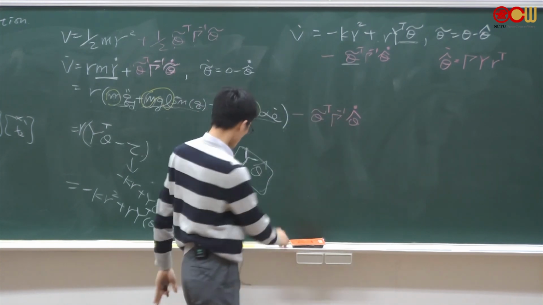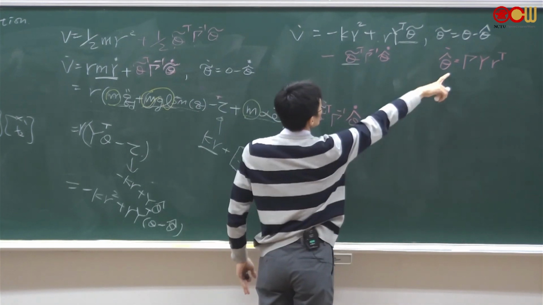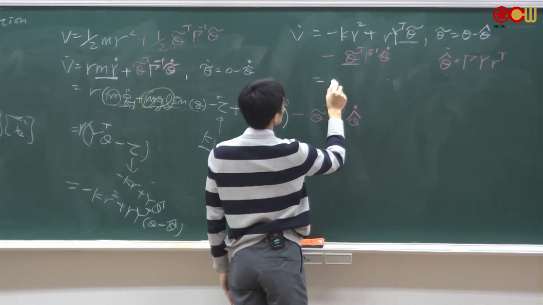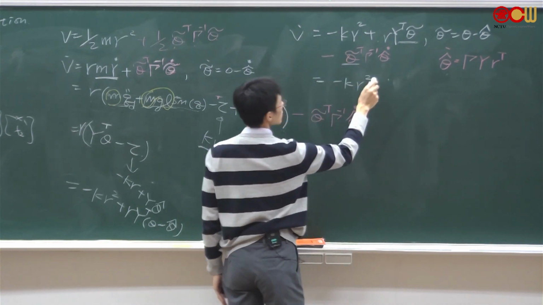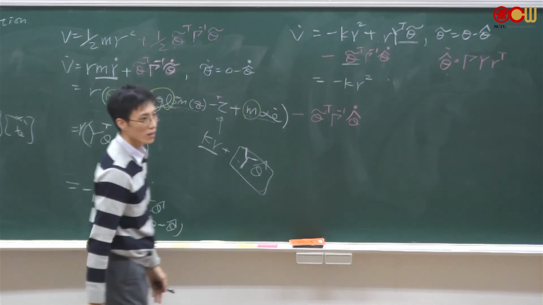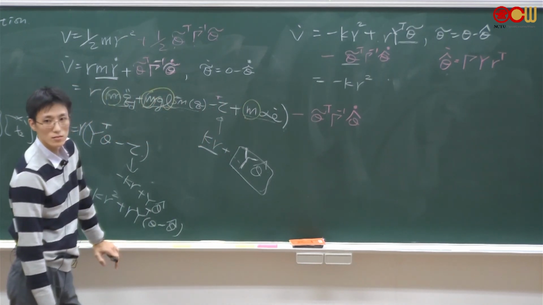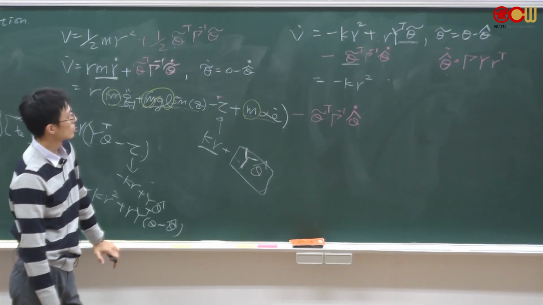If you design theta hat as this, you substitute into here, you will get minus kr squared. And you are almost done.